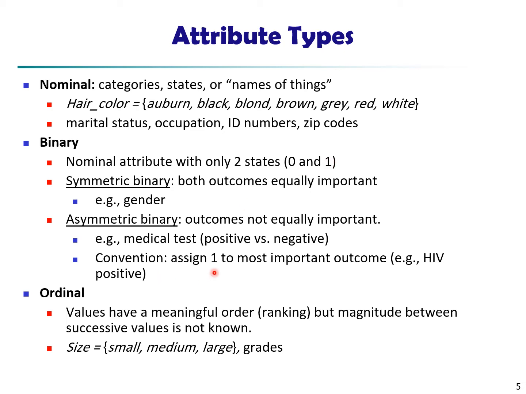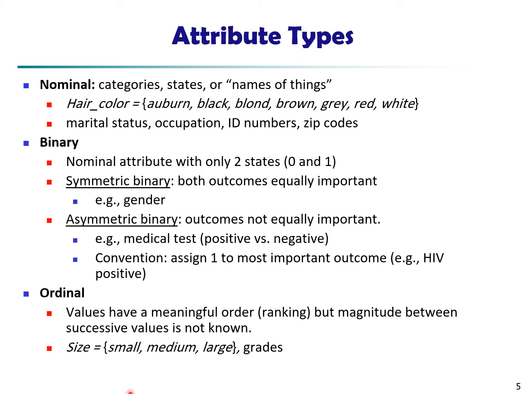However, when you are dealing with an asymmetric binary attribute and you want to give it a numerical value, you assign 1 to the most important outcome. So if you are focusing on the HIV test being positive, you will assign 1 to HIV positive, and you'll assign 0 to HIV negative.